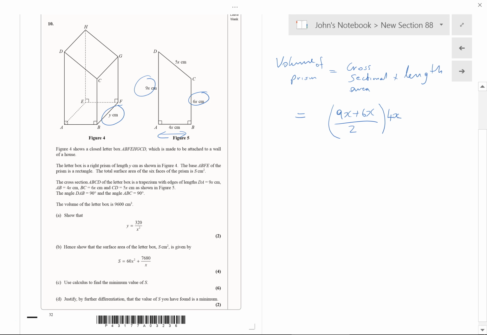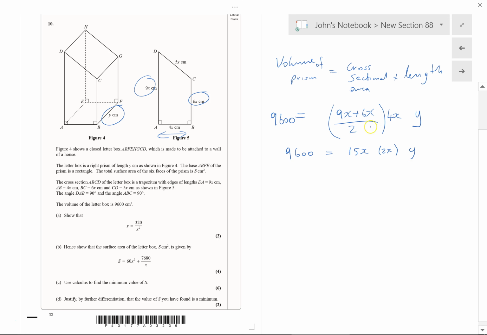And that's times y, and we're told that that's equal to 9,600. So if we break that down, we've got 9,600 is equal to 15x times 2x y.